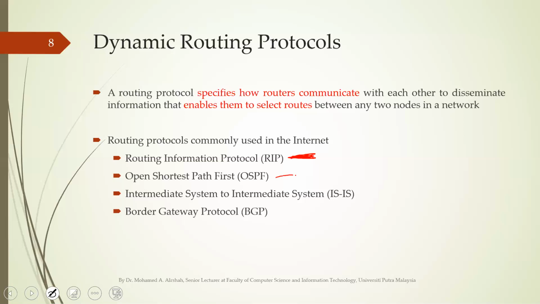That's why we prefer to use OSPF, and OSPF is commonly used everywhere, in every network. For this one, I think it is already obsolete. And BGP is the predominant protocol that's used currently in the internet for the exterior gateway protocol.